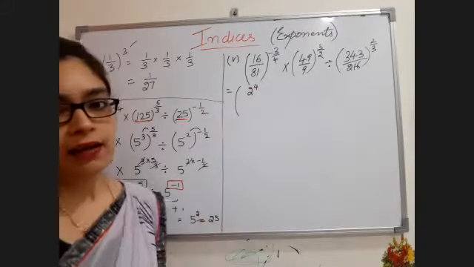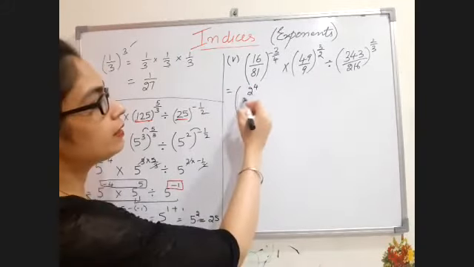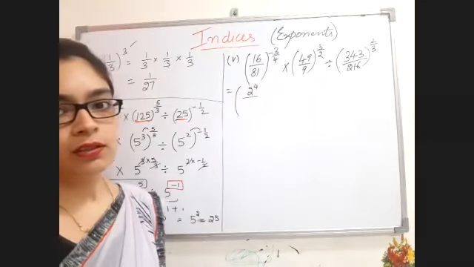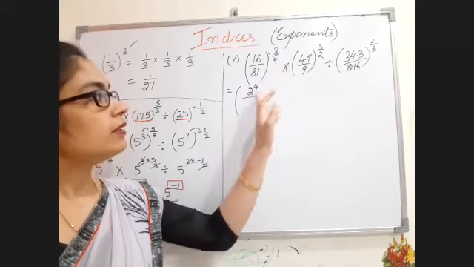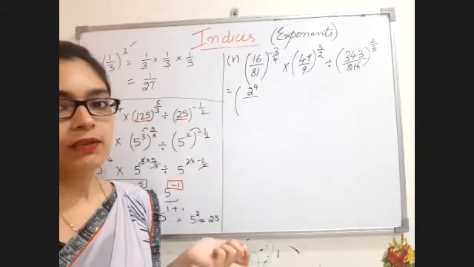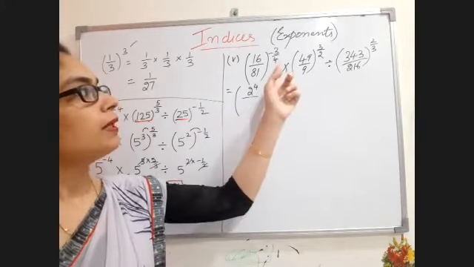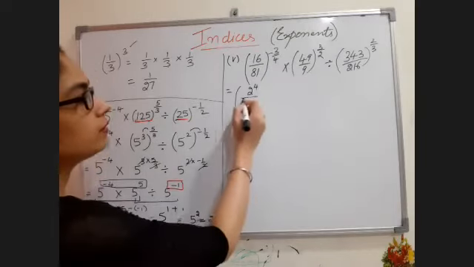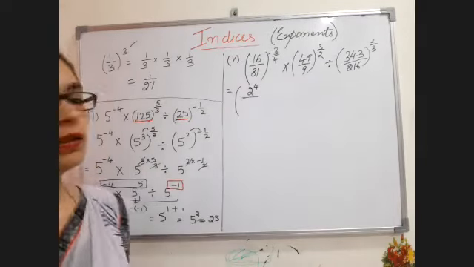So why have I written it this way? See, if I write here 2 to the power 4, here also my denominator is 4. So that's why I've written this 16 in power 4. I can write it 4 to the power 2 if the denominator here is 2. So you can see these things. 81.